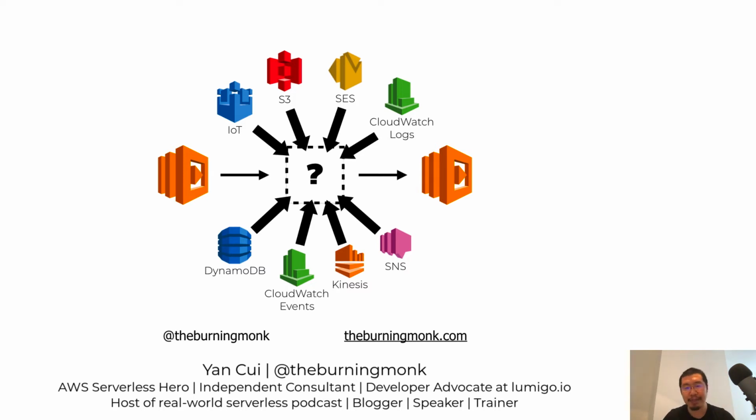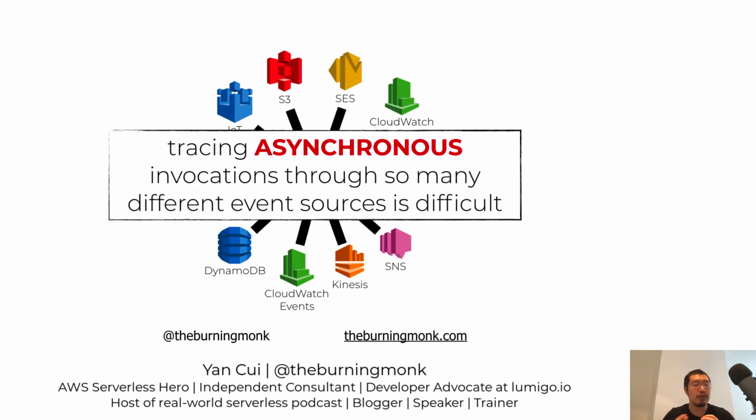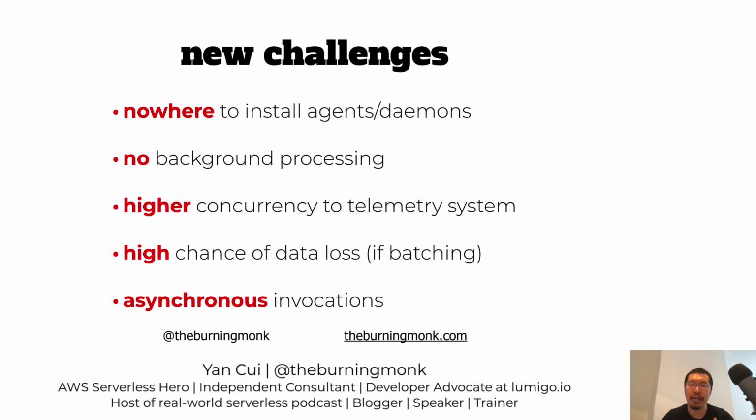One function will publish a message to an SNS topic or to an EventBridge event bus, and that triggers another function to pick up the job and do something else, and so on and so forth. And of course, tracing asynchronous invocations is a lot harder compared to tracing synchronous invocations through an API call, because with HTTP and API calls, we know how to trace them by just passing the trace ID through the headers. So those are some of the challenges that we face on the tooling side of things.